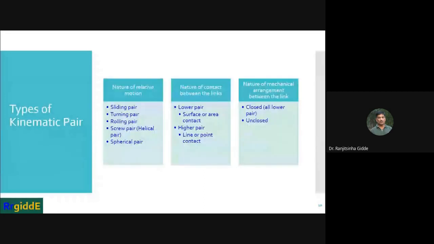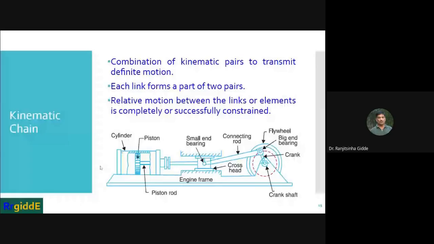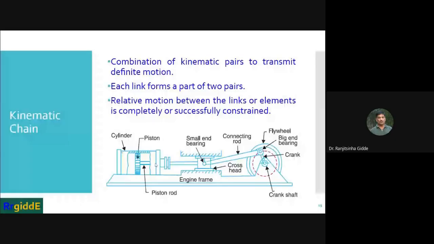Now here you can see this is a piston. It is going to reciprocate along this line. So this piston is going to reciprocate along this line, which means the motion is constrained successfully.